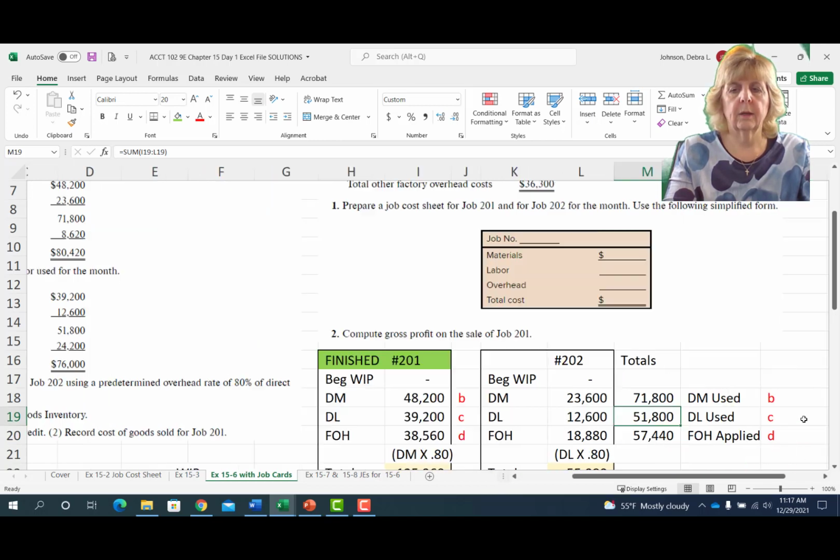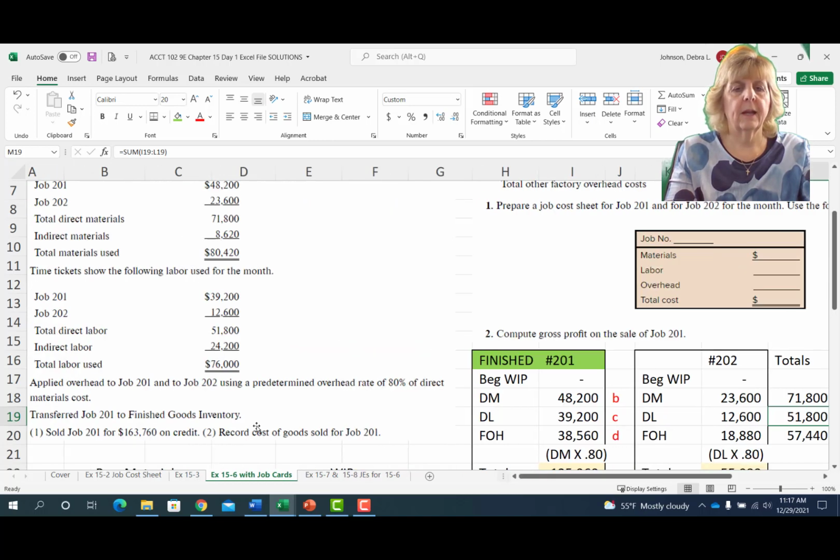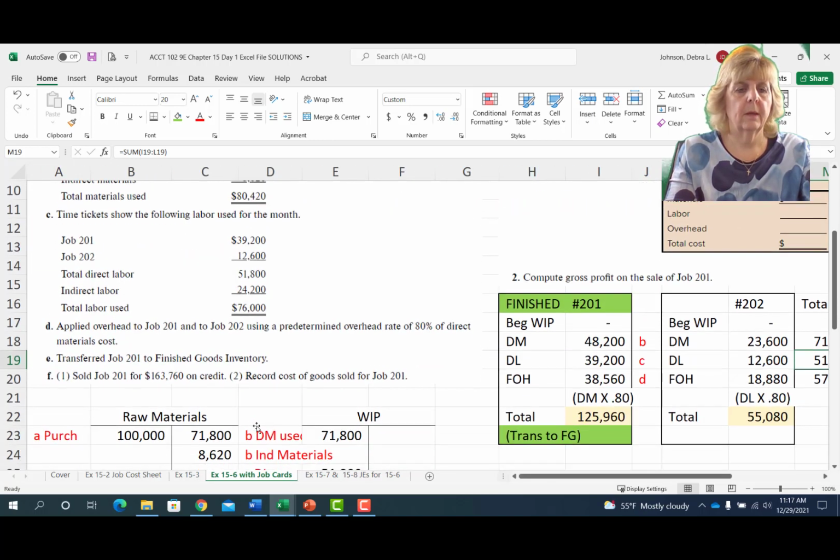When you total it up, you'll get 51,800 in direct labor used. The direct labor is charged to WIP, and the credit would go to factory payroll payable or wages payable or something of that nature. That's down towards the bottom.